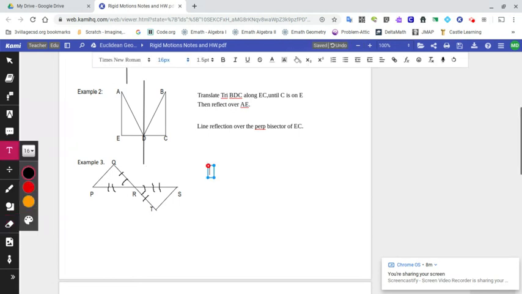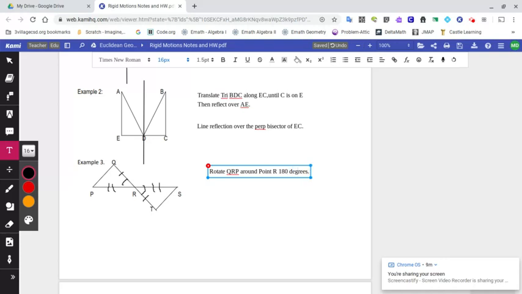What I can do though is rotate QRP around, I should say, point R. I'm going to rotate QRP around point R 180 degrees.